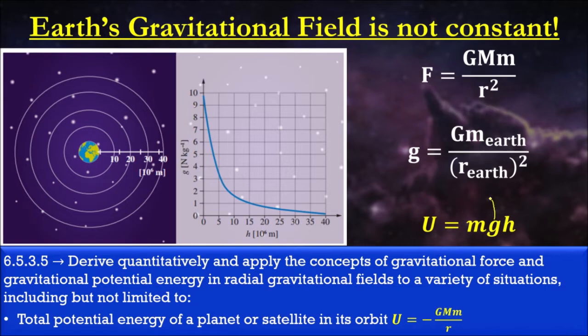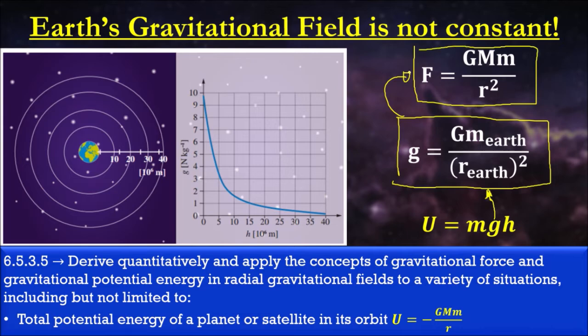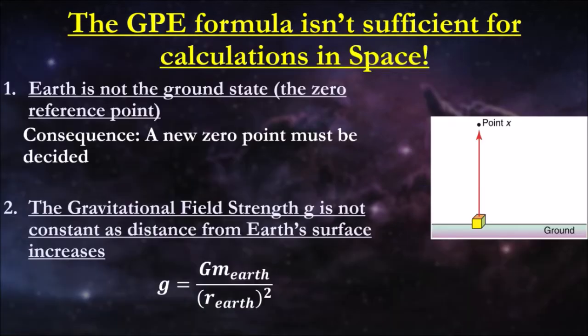We already showed how to find acceleration due to gravity based on the different distances from the Earth's center using this formula here, which was derived from this formula here, Newton's law of universal gravitation. Okay, so let's quickly summarize why the old formula, mgh, is not sufficient.